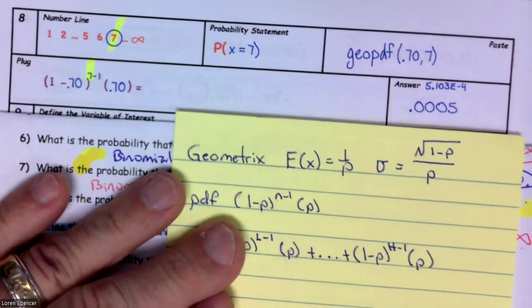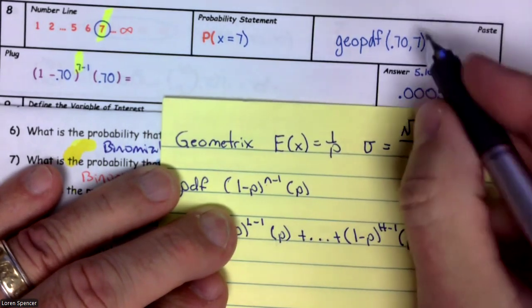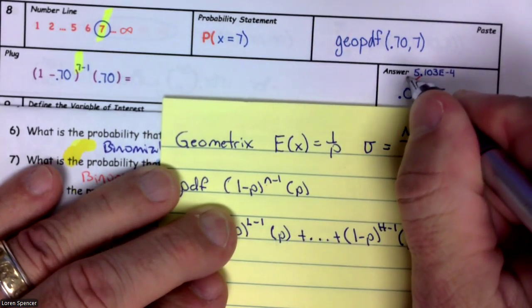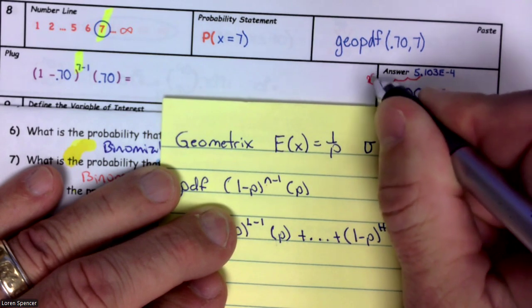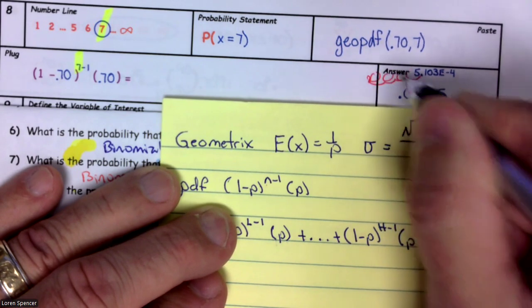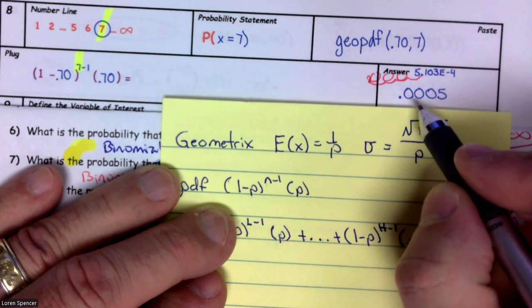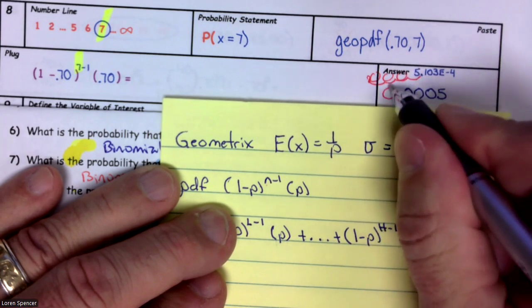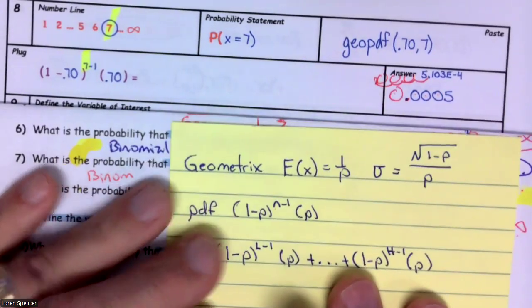So in this case, we got this value on the calculator. That means I need 4 decimal places, which means I move this 1, 2, 3, 4, and there are 3 zeros. So whatever that exponent number is, I can decrease it by 1, and that's how many zeros go in front. Or if you want to think of it this way, 1, 2, 3, 4. Okay? All right.